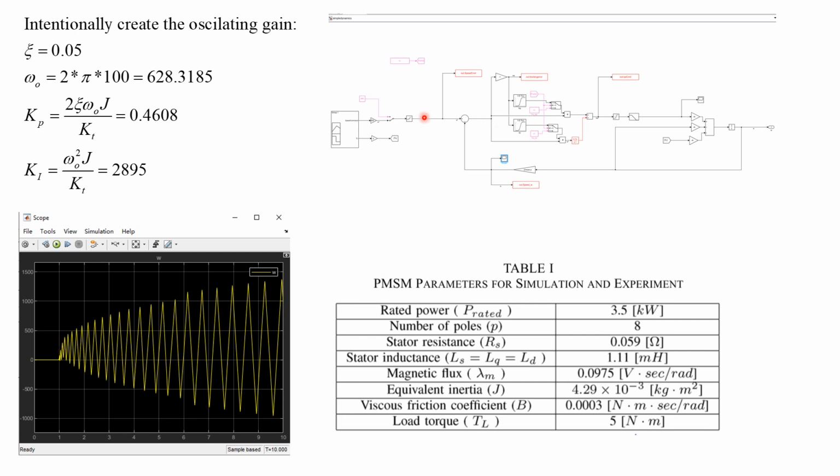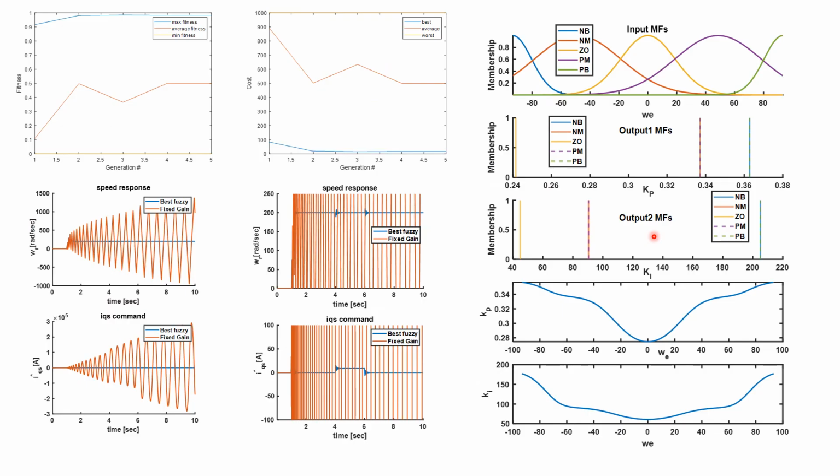So this whole controller just does not work, and then I start from an unstable point to tune my controller, and I observed that after just 5 generations, it minimized the cost quite well. This is the cost, and this one is the fitness.